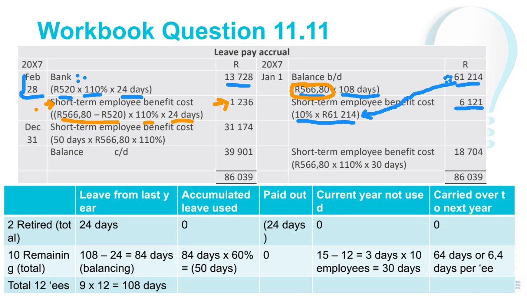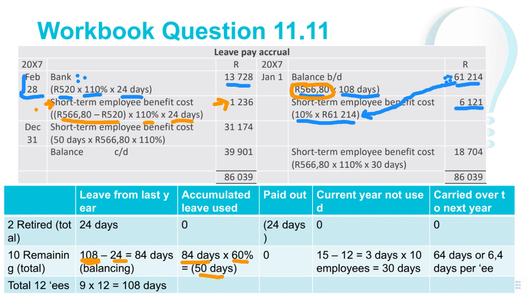Now, our opening balance, like we said here, was 108 days. So watch where the orange line is appearing now in the table. It was 108 days. 24 days were taken by the 2 employees. So we had 84 days. Out of these 84 days, which belong to 10 employees, they used 60% of it, which comes up to around about 50 days.